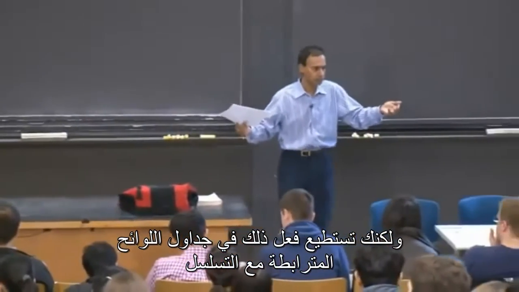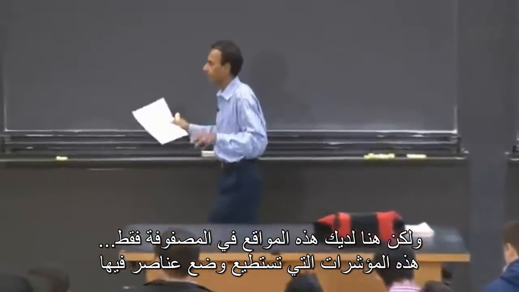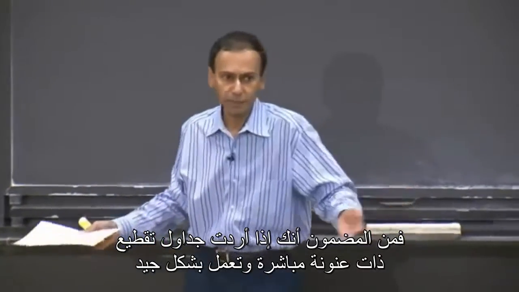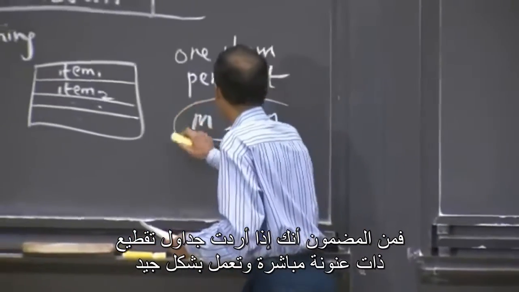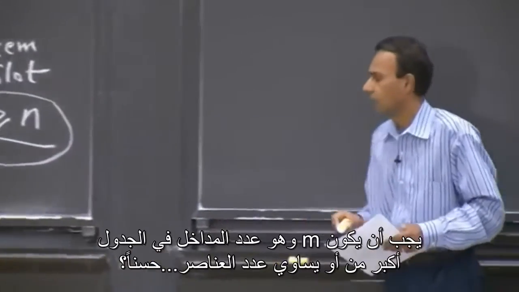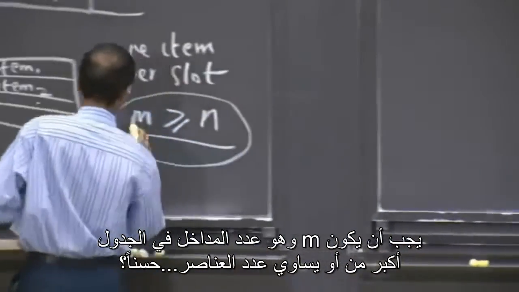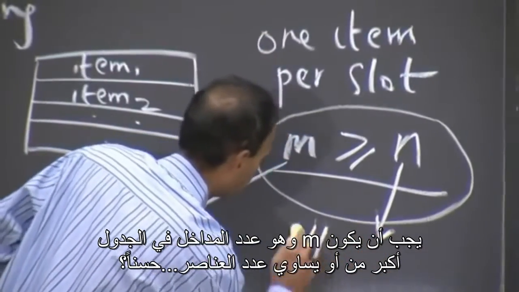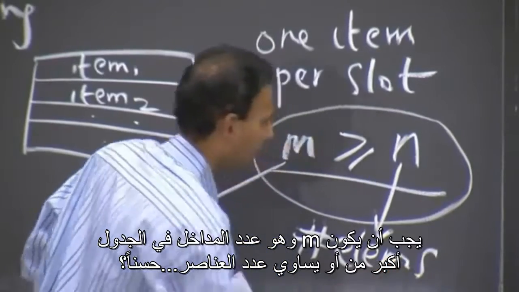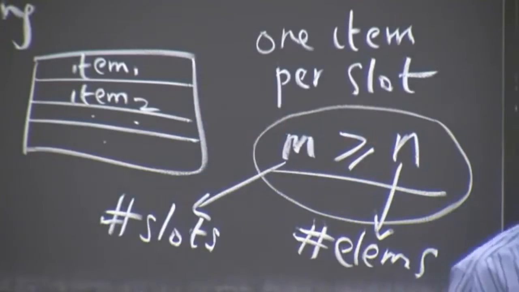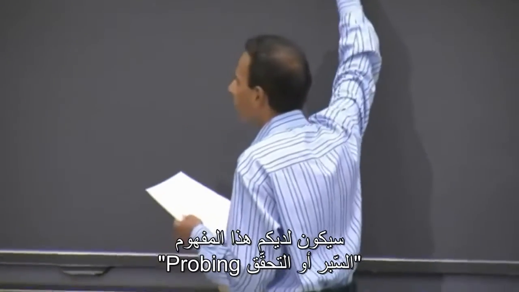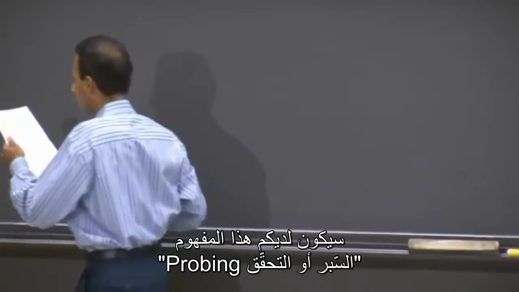Which you could in a linked list table with chaining. But here you only have these array locations, these indices that you can put items into. So it's pretty much guaranteed that if you want a working open addressing hash table, that m, which is the number of slots in the table, should be greater than or equal to the number of elements. All right? That's important. Now, how does this work? Well, we're going to have this notion of probing.